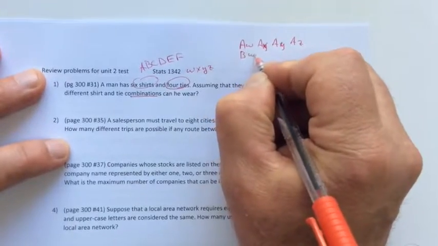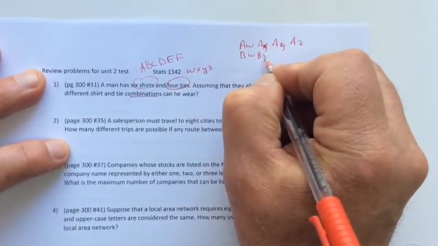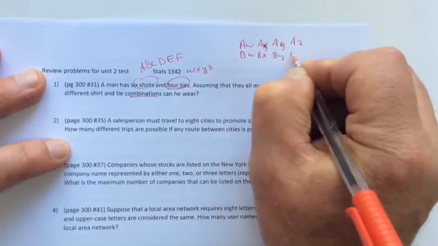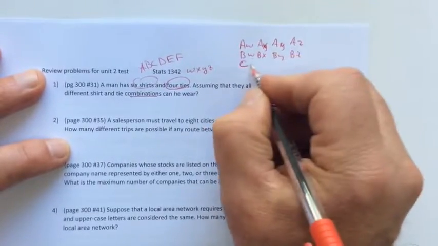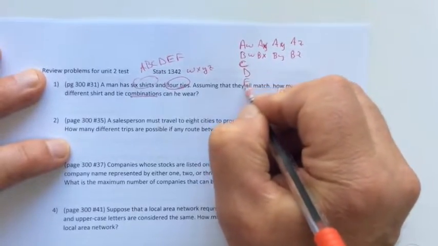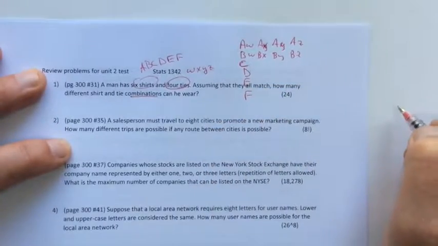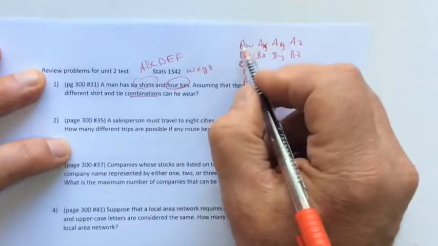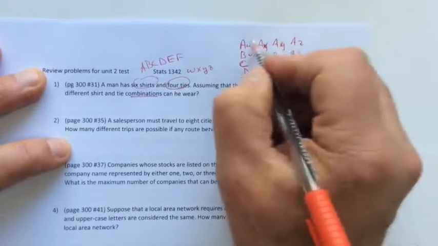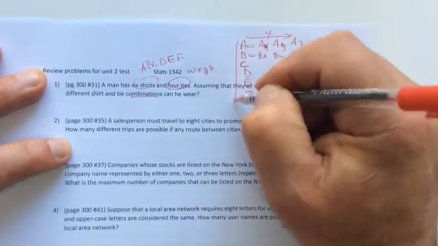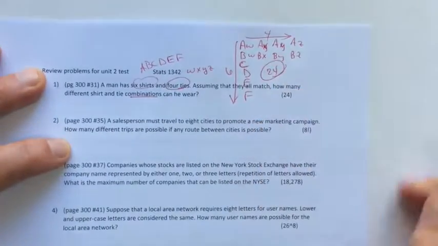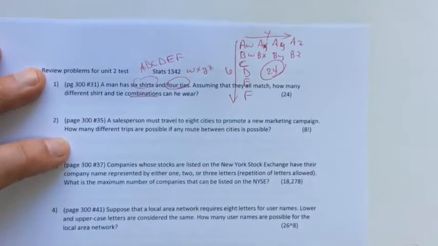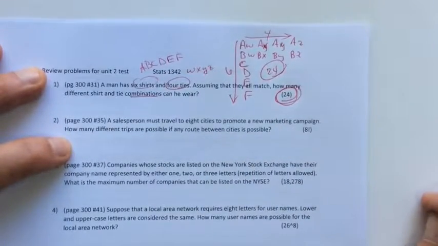Then shirt B could go with all the ties, and shirt C with all of the ties, and shirts D, E, and F. So there's all the combinations: A with all of them, B with all of them. See how that's 4 this way and 6 this way? There have to be 24 total combinations. So there's a picture of why that one is 24. That's the answer to that one, 24.